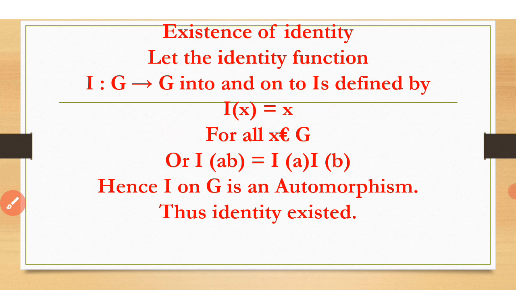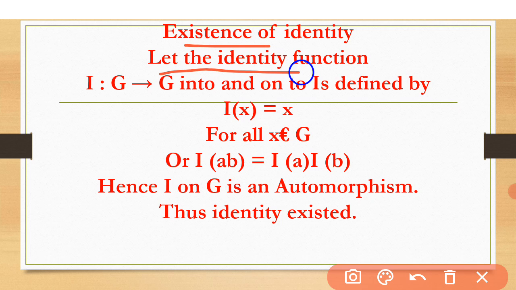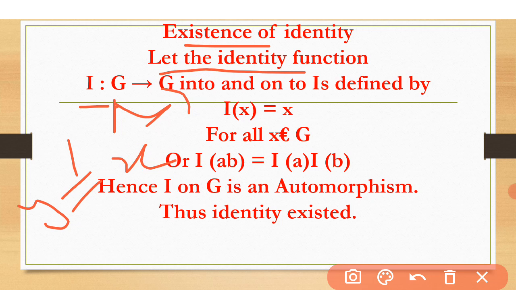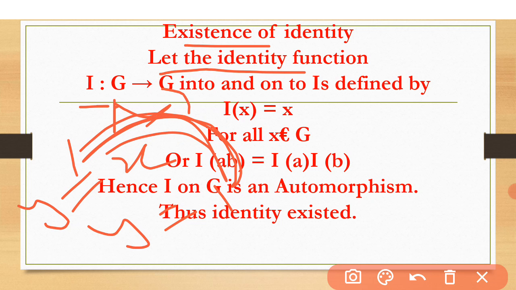The next property is the existence of the identity element. Let the identity function I be from G to G. If 1 belongs to G, and we put a function y equal to f and give the value x equal to 1, then y is also equal to 1. This means that this 1 will map to 1.